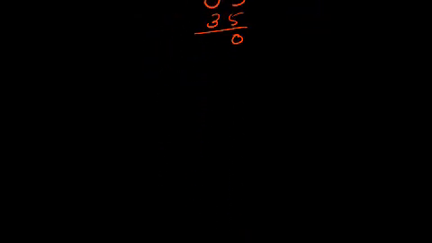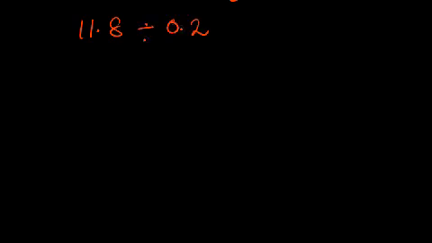Dividend and divisor are decimals. For example, 11.8 divided by 0.2. So we can write the problem like this: 11.8 divided by 0.2.